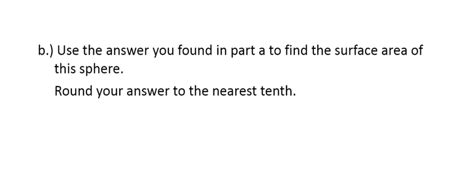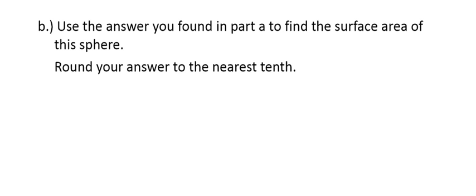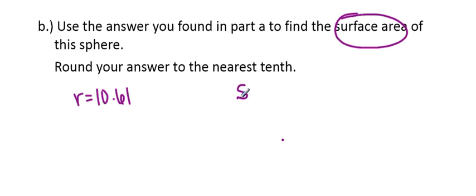And in the last part of this problem, it tells us to use the answer that we found to find the surface area of the sphere. So we found the radius to be 10.61 meters. Now we're going to go find surface area. So surface area is 4 times pi times r to the second. This is just a matter of plug this into your calculator.